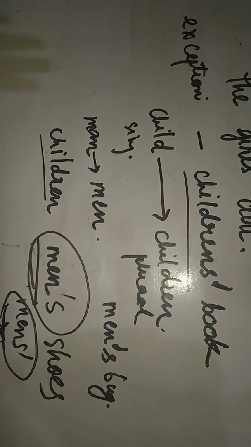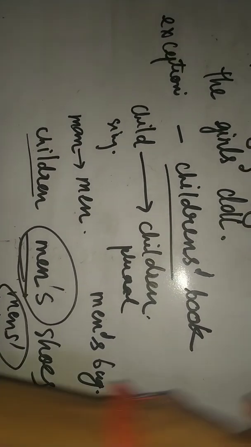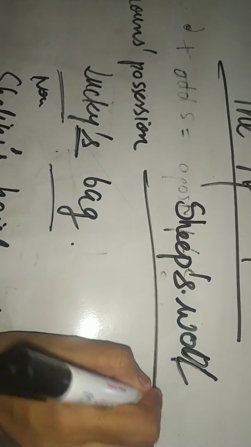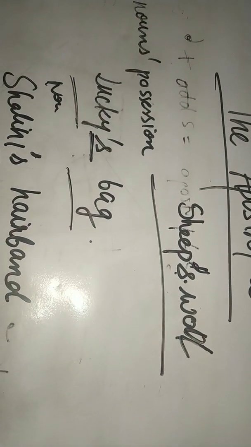Just a minute, I am showing you here. See, sheep's wool. Clear? So sheep can be used as singular and plural, so we have to write the apostrophe after the p and then we have to write s. Clear? Okay, one more thing.